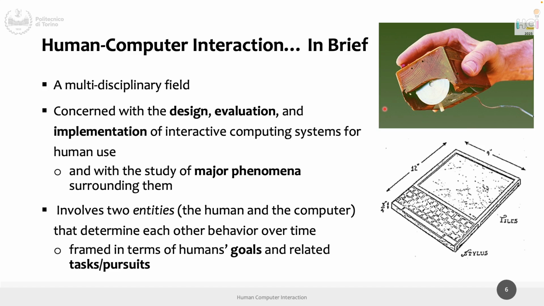Not a data bank, but it is considered the ancestor, the inspiration for modern tablets. This was created at Xerox PARC by Alan Kay as a portable device for children, especially to study and learn, going to school. That's a prototype.